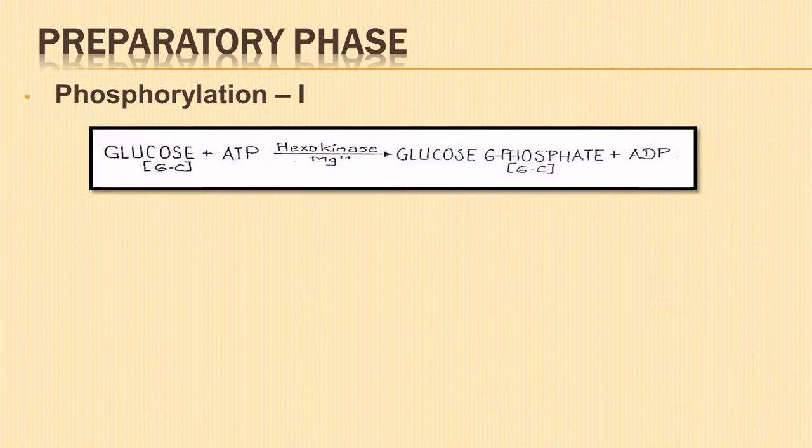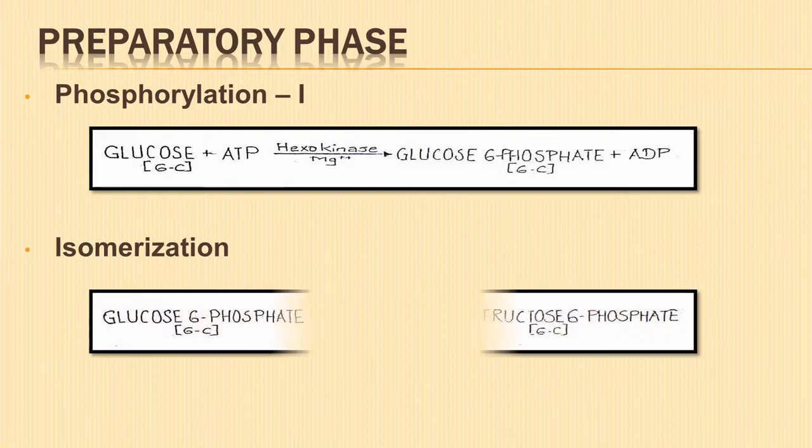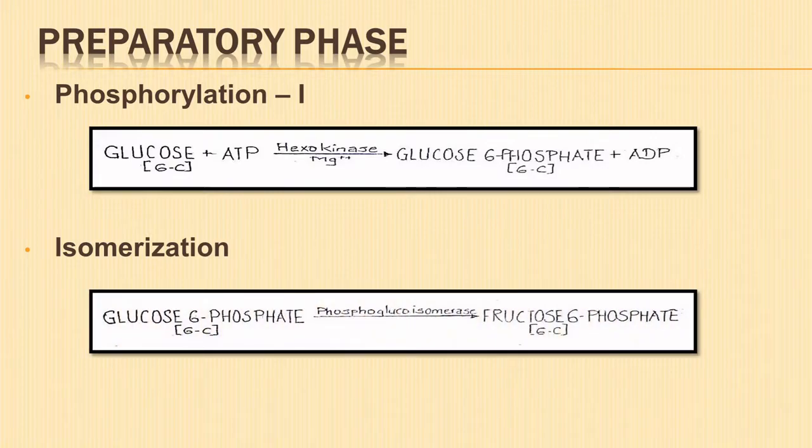It is catalyzed by enzyme hexokinase and the cofactor magnesium ions and yields glucose 6-phosphate, a 6-carbon compound, and ADP.